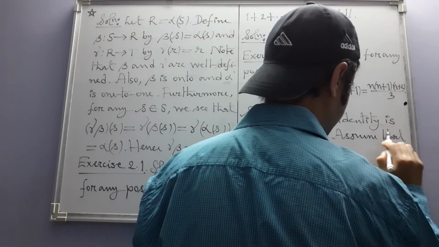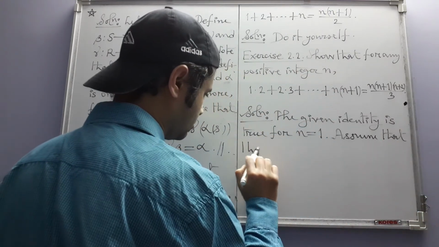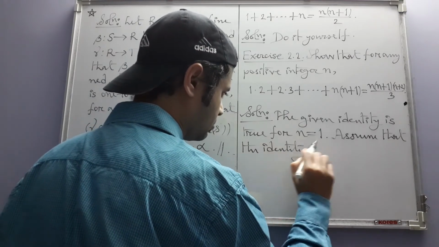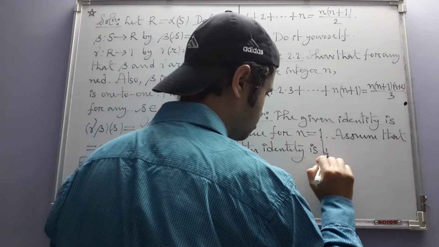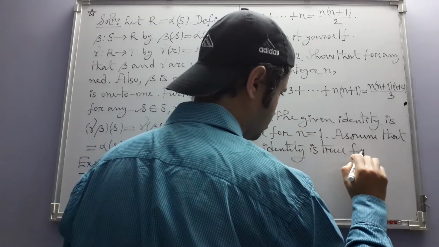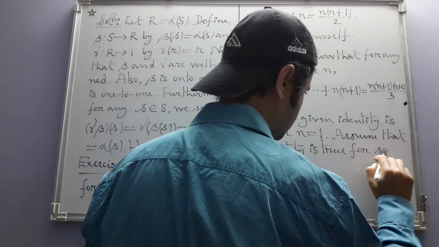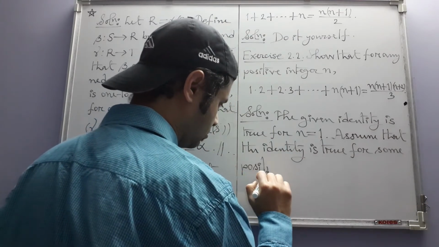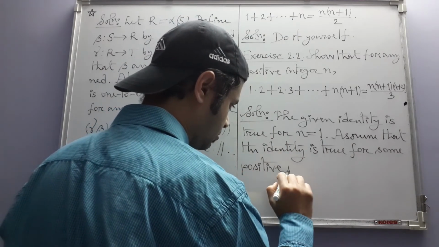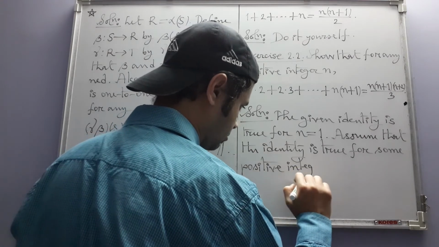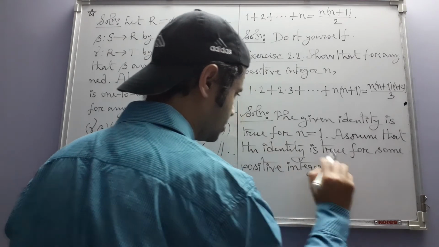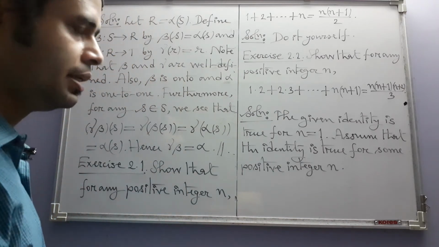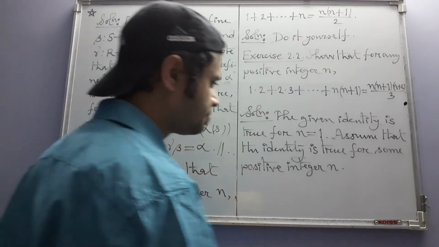Assume that the identity is true for some positive integer n. Okay, so now we need to prove it for n plus 1.